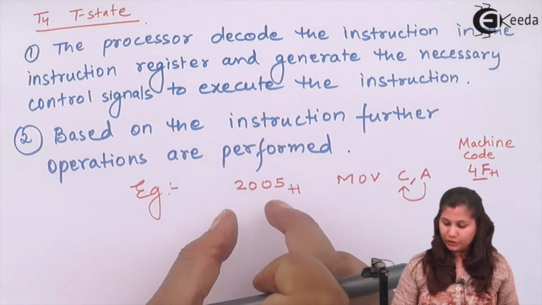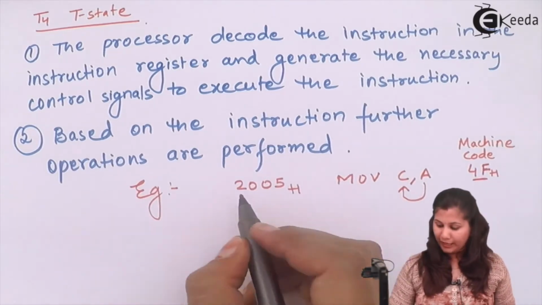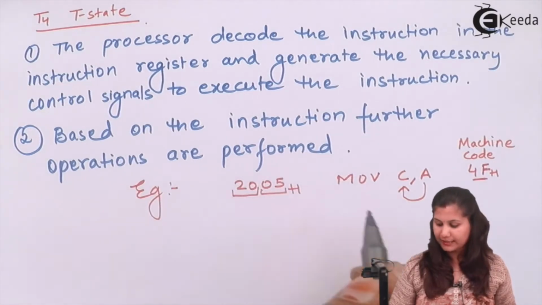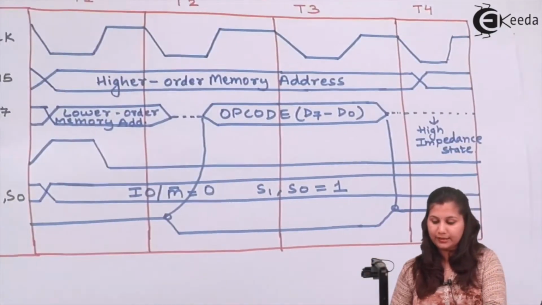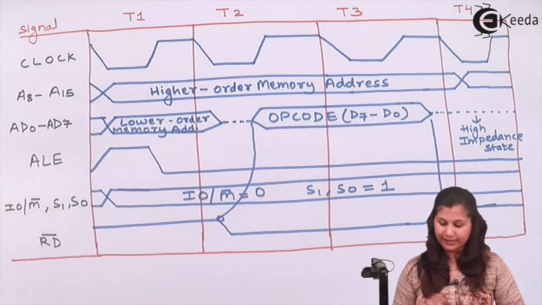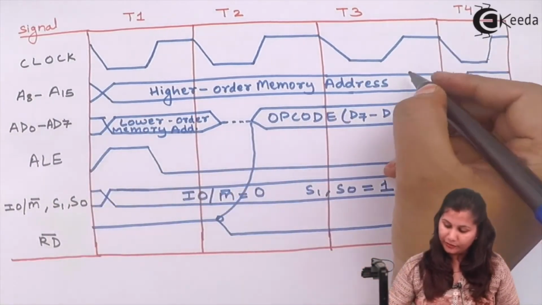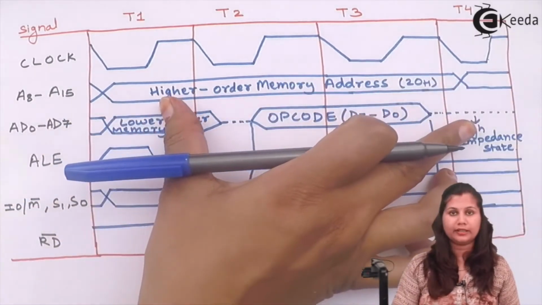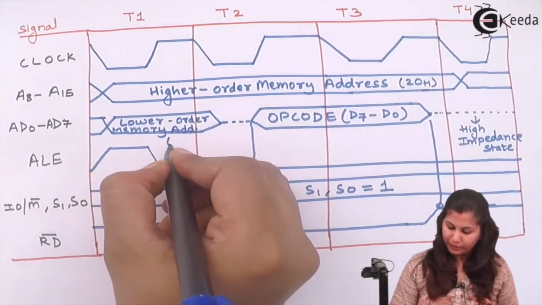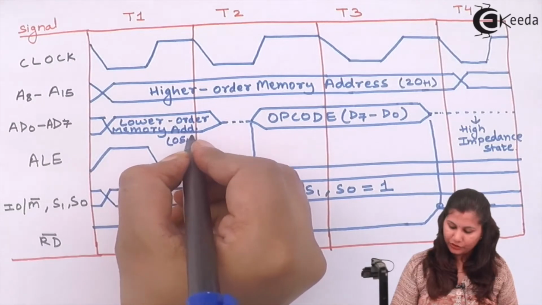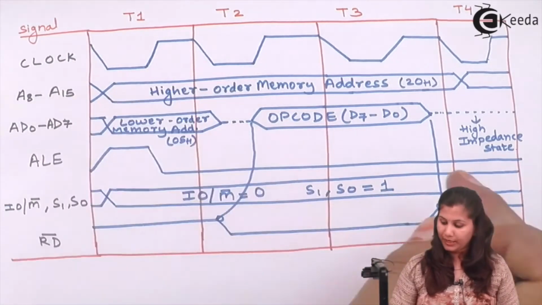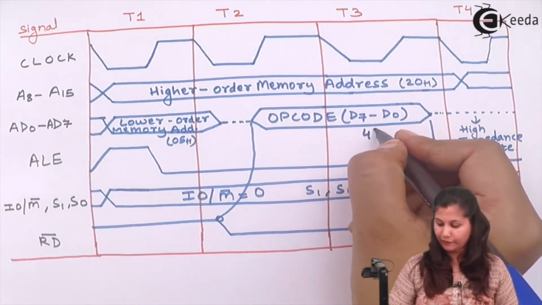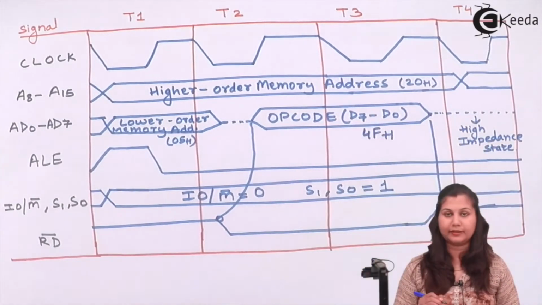So in this 2005, we have the higher order address as 20 and the lower order address as 05. In this opcode fetch machine cycle, the higher order address, that is 20H, will be stored here, and the lower order memory address 05H is stored here. And the opcode for MOV C comma A is 4F, so it will be loaded here.